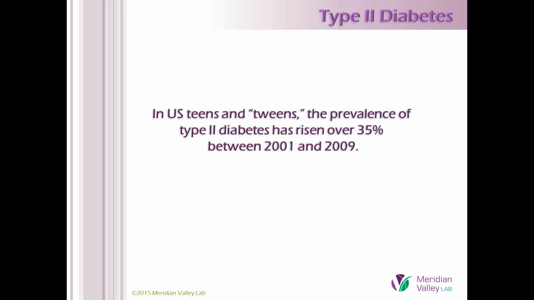But I did just want to share with you one statistic on type 2 diabetes itself that I found particularly sobering, and that is that here in the U.S., teens and tweens, which is the younger group below teenagers, has experienced a skyrocketing of prevalence of type 2 diabetes, over 35% between the years 2001 and 2009, which is really shocking.